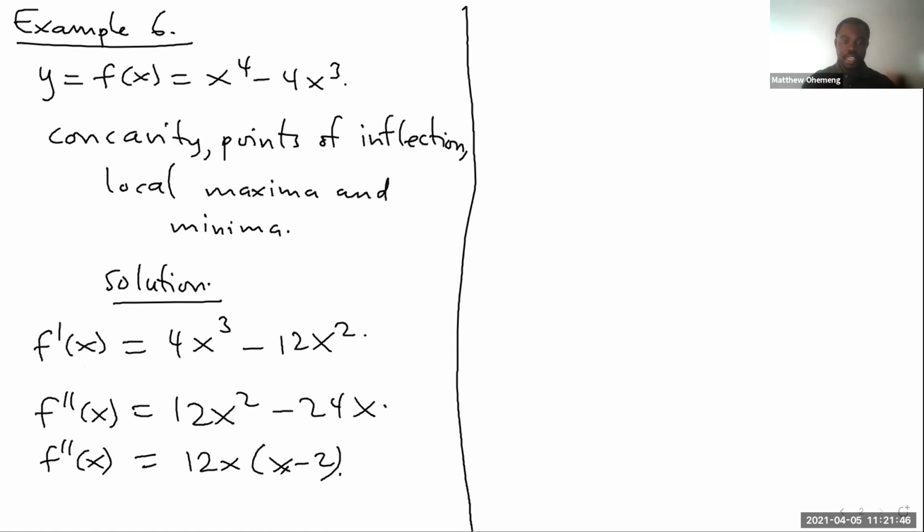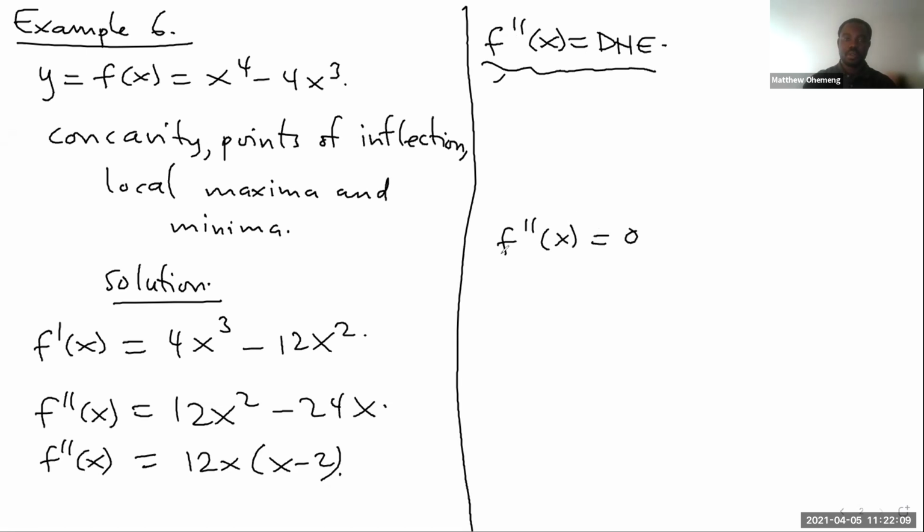So when you get here, what do you do next? You try and find the critical points. Critical points, you're looking at 2 cases. This will be critical points under f prime prime. You check for where this is DNE. Is there any s which was part of the domain of f, which is now DNE for f prime prime? And then the second case, you check for where f prime prime is equal to 0.